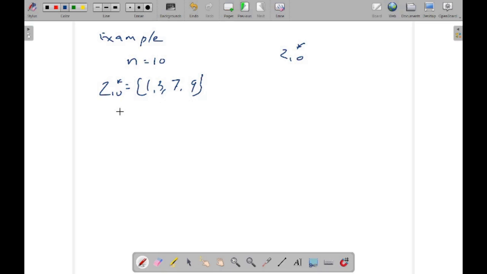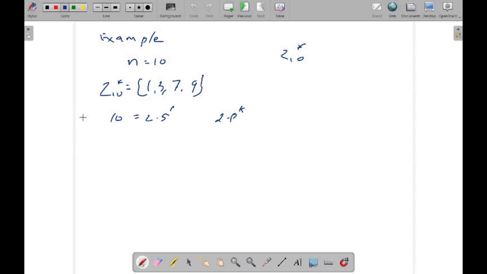So first check if this n, 10, can be written in the form 1, 2, 4, p raised to k or 2 into p raised to k. We can write 10 as 2 into 5 raised to 1, that is in the form 2 into p raised to k, where p is a prime number and k is a positive integer.